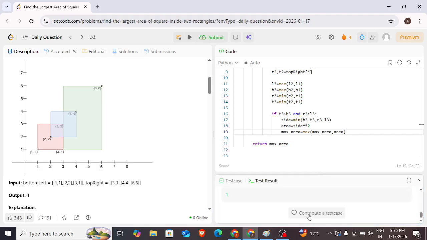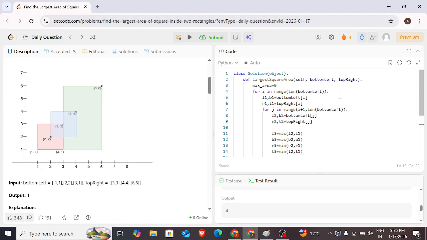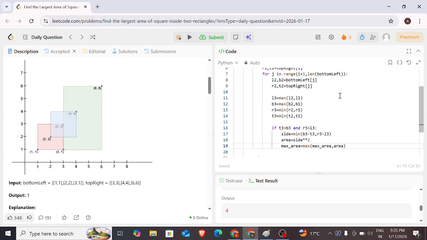Okay, we have an error. Output is 4 and expected is 1. Let me see what is causing this error now. Did I start with max area 0? Yes, I have. T3 is greater than B3, T3 minus B3.